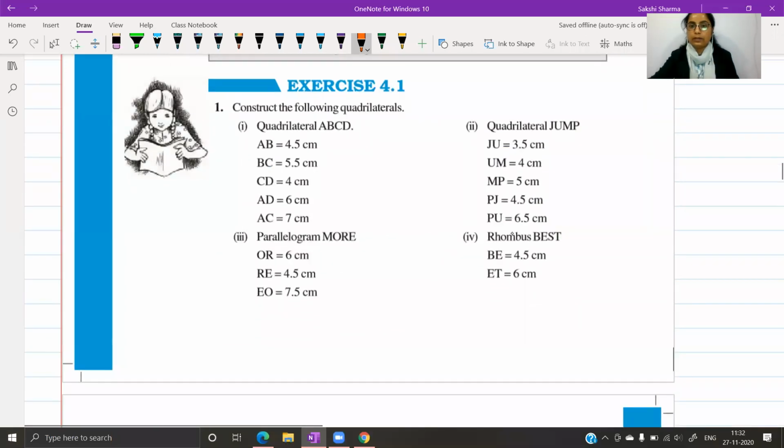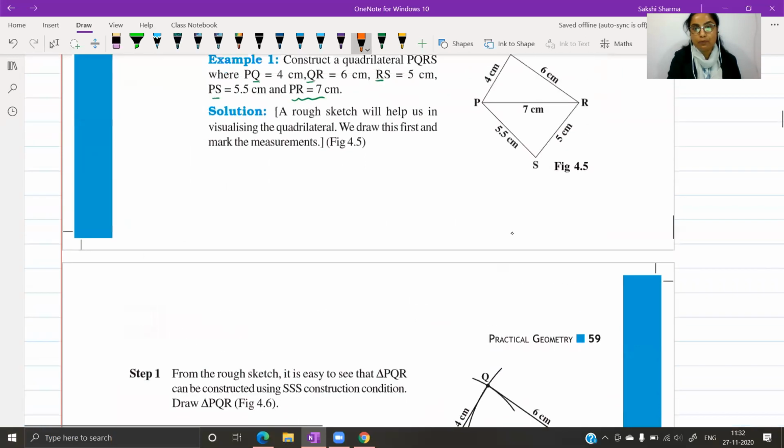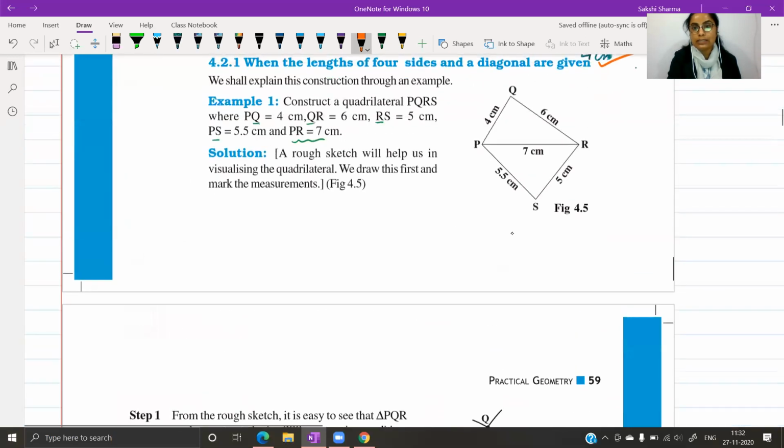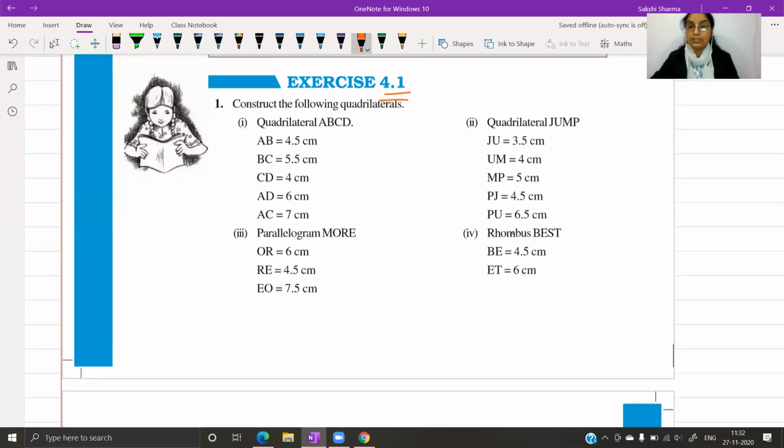So as for this one, this is the first exercise. It is based on the type where 2 diagonals and I think 3 sides were given. Is that right? This is type 1, sorry, 1 diagonal and 4 sides. So in the first one, clearly we can see there are 4 sides and 1 diagonal.